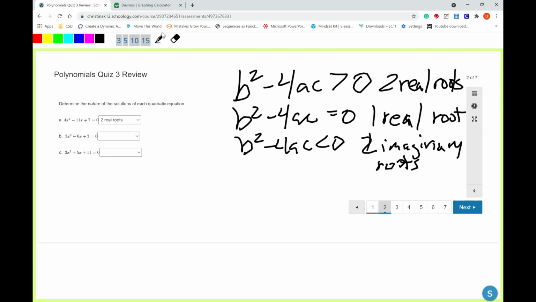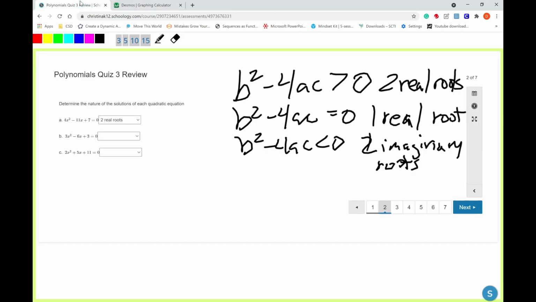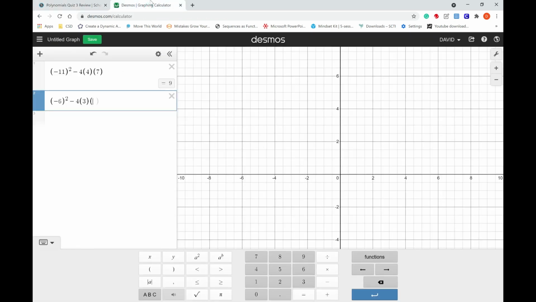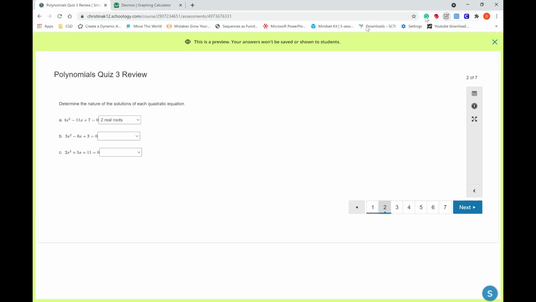Okay, next one. B is negative 6. So negative 6 squared minus 4, A is 3, parentheses 3, and then C is also 3, so parentheses 3. This time we get 0, and by our definition, it has to have one real root. So we'll scroll down to one real root. And then our last one.